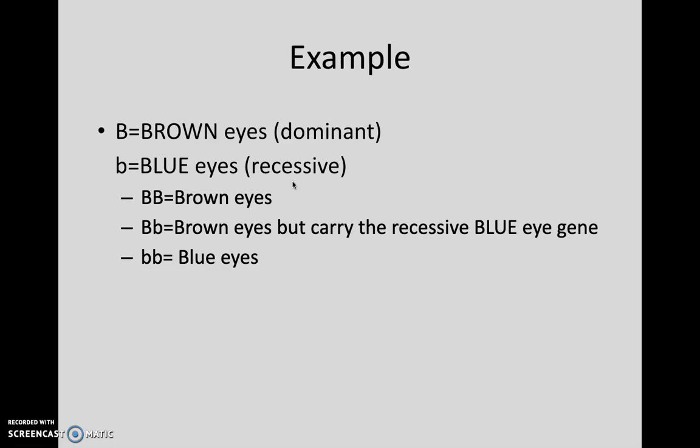If I have a dominant and a recessive gene coming together, I'm going to have brown eyes, but I could carry that recessive blue eye gene. So if that recessive blue eye gene is seen in a later generation, that would mean that another recessive gene was provided. And then if you have two recessive genes that are provided, you're going to have that recessive trait. So that would be those blue eyes.